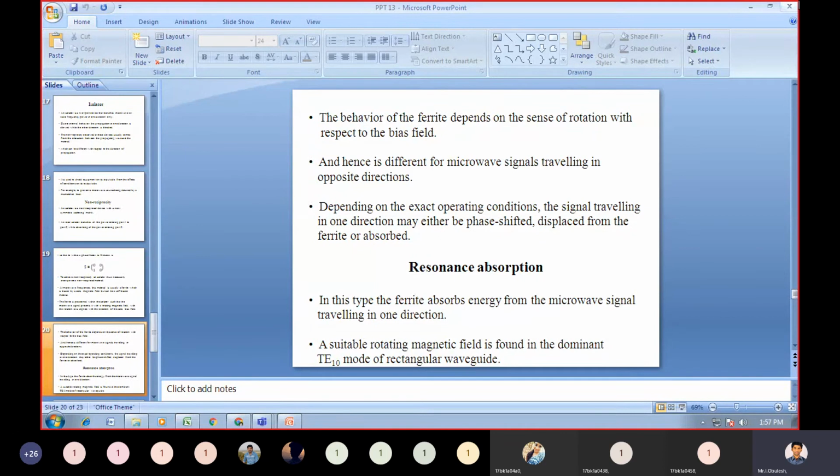The behavior of the ferrite device depends on the sense of the rotation with respect to the bias field.